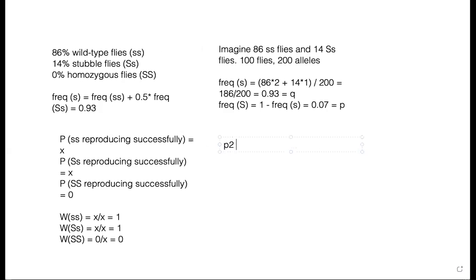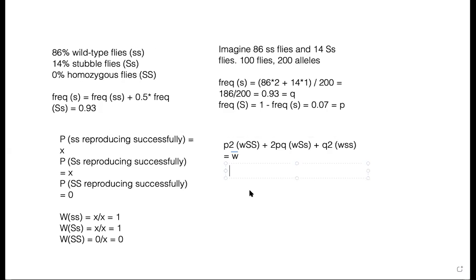P squared times W big S plus 2pq W big S little s plus q squared W little s equals W bar. There's the bar.